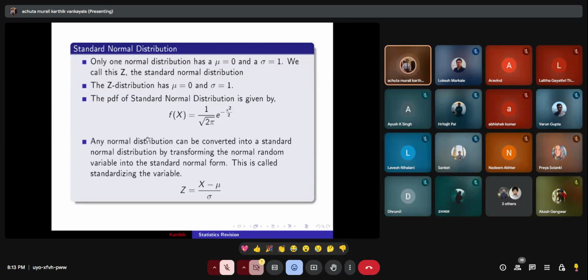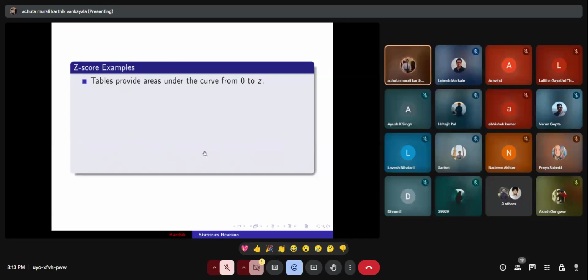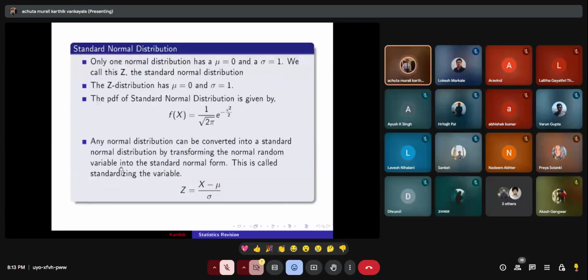Any normal distribution that you can think of can be converted into a standard normal distribution by transforming the normal variable into the standard normal form. You do this by subtracting the mean and dividing by sigma. This is called standardizing the variable. So you have x as a random variable.